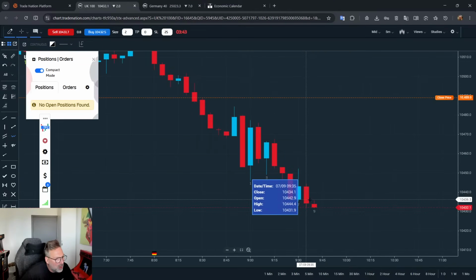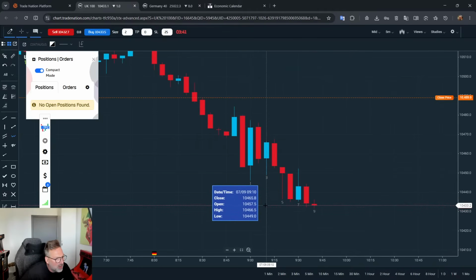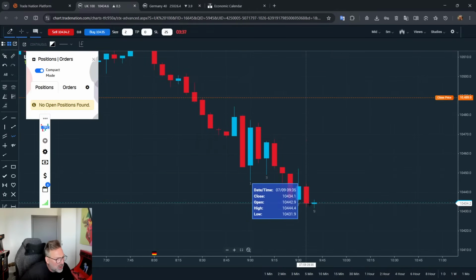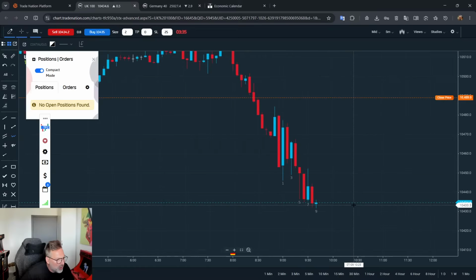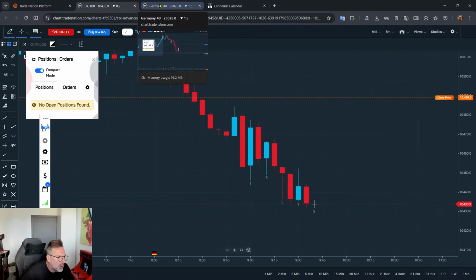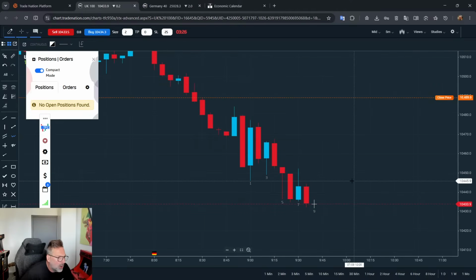And now, finally, making ever so slightly lower lows, but loads of overlap. Slow burn. And we would still be maybe just 10 points in profit, risking 25 points.